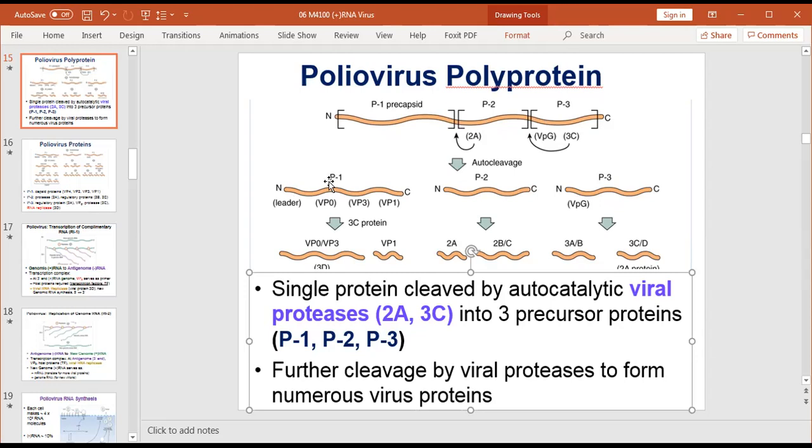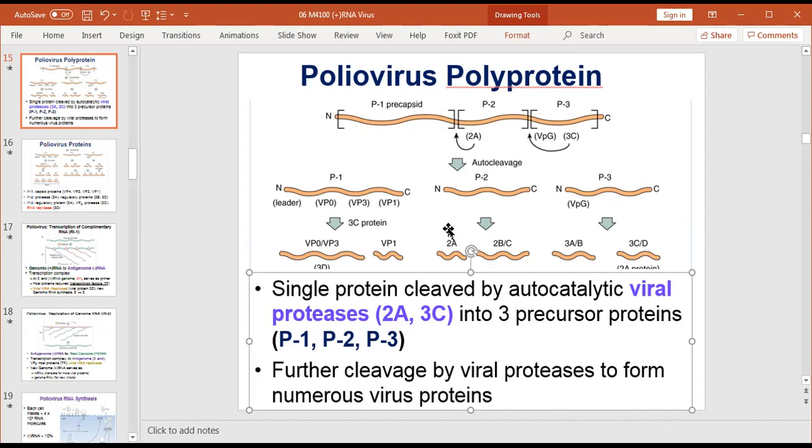These three P1, P2, P3 segments will be further cleaved by viral proteases to make tons of additional proteins. For example, P1 can make VP0, VP3, VP1.